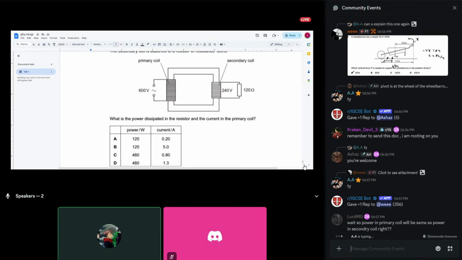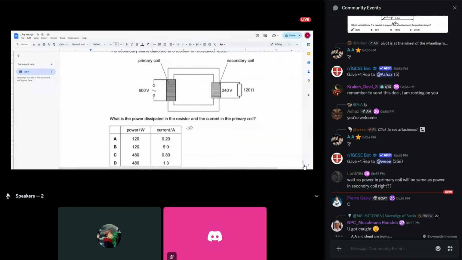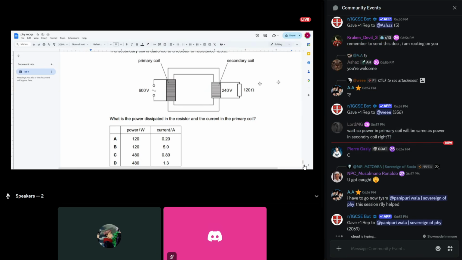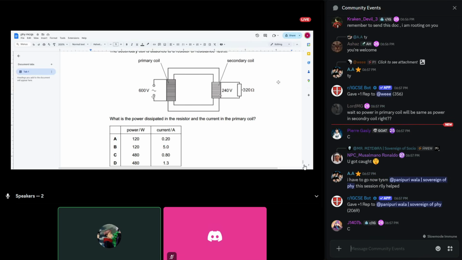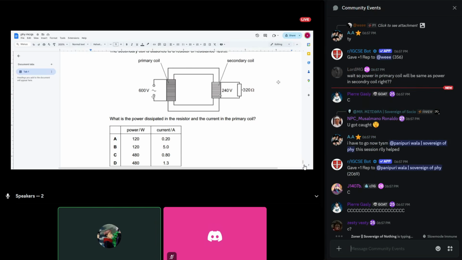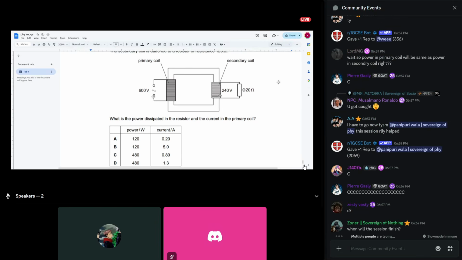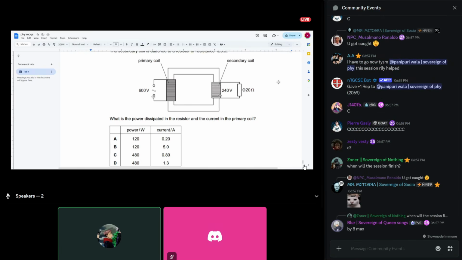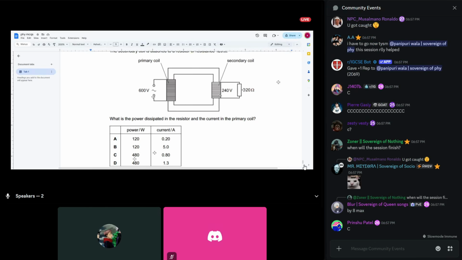Now I have two options, 0.8 and 1.3. I have to find which one. Because power is constant, right? 240 into 2, 480 watts. So here it also has to be 480. If I want to find current from power and voltage, power divided by voltage is current. So 480 divided by 600, which gives us 0.8.